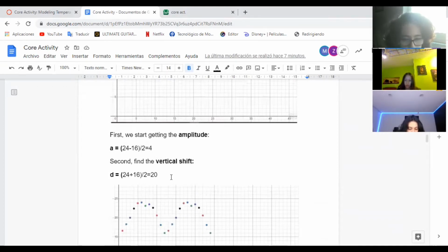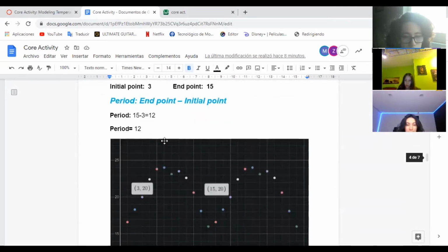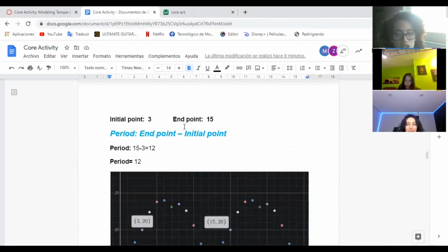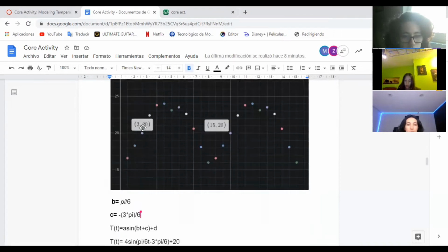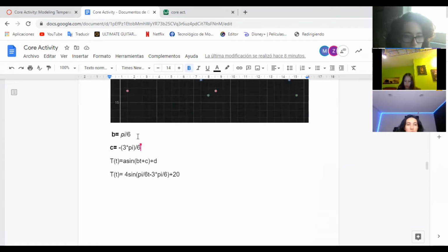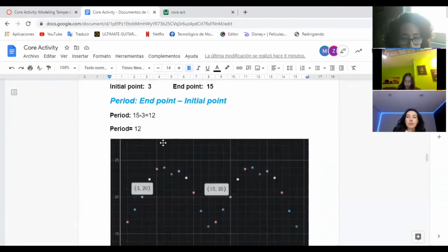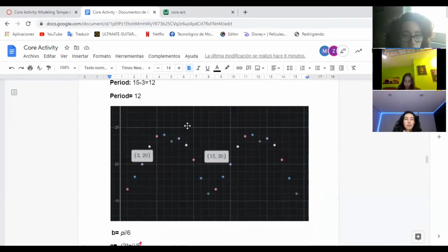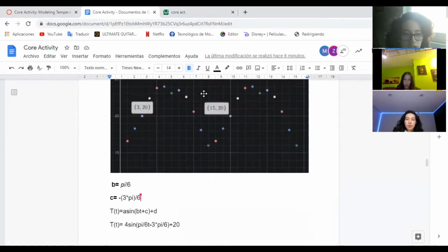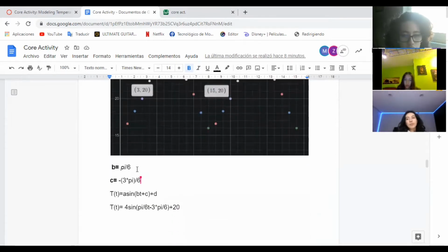The vertical shift we did the same, but instead of resting we were sum, and it was 20. And for the period we needed the initial point and the end point, and also rested, and we had 12 as a period. So we got the b by using 2 pi divided by b, and we just cleared it and we got pi under 6.